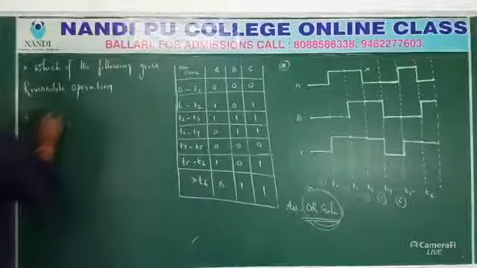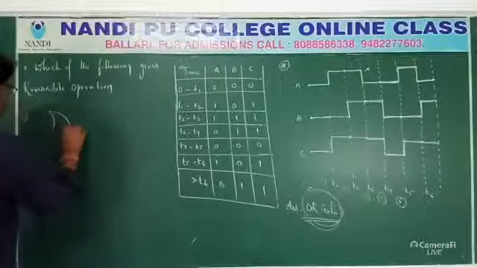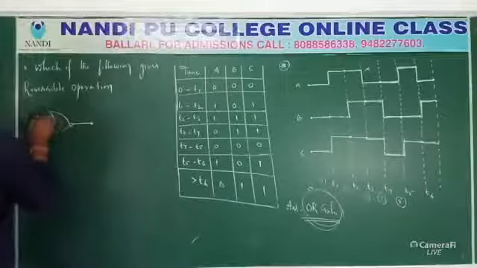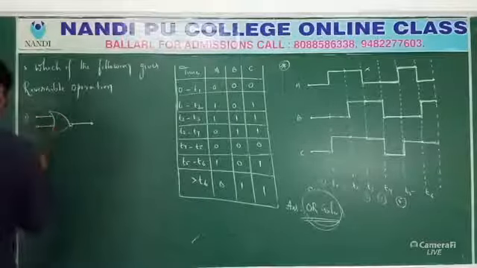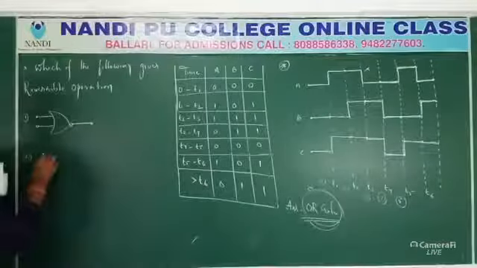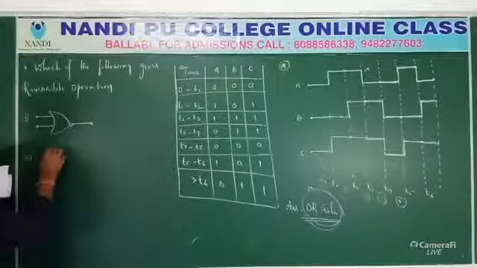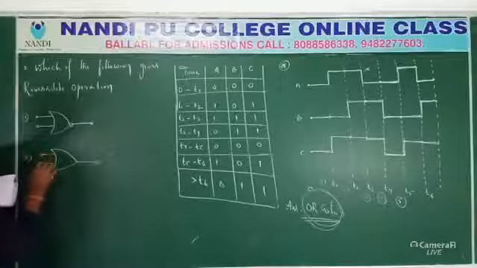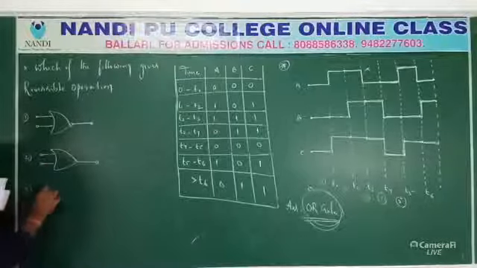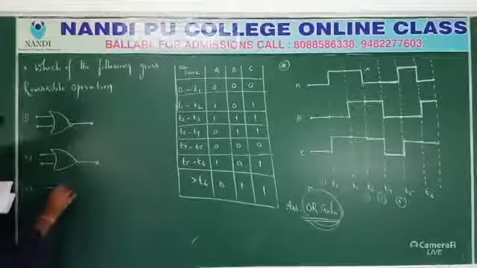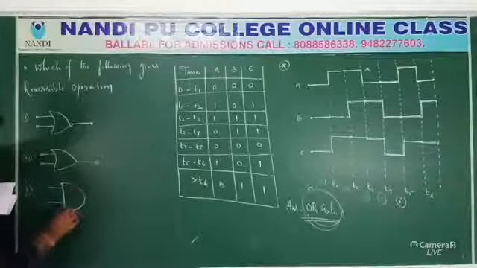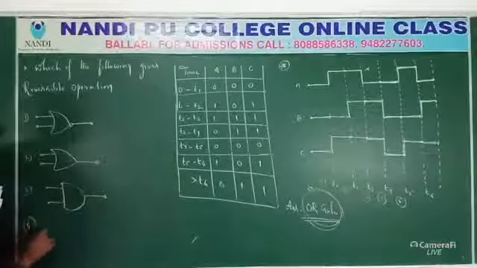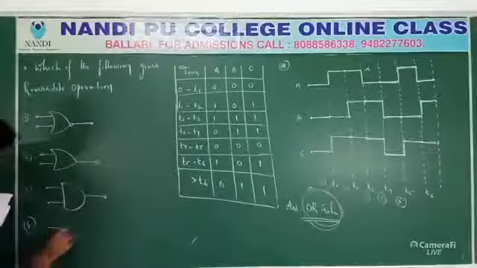First one is one gate given. Second option is also the same, with a small variation. Third one is an AND gate. Fourth option is given, which is a different circuit.